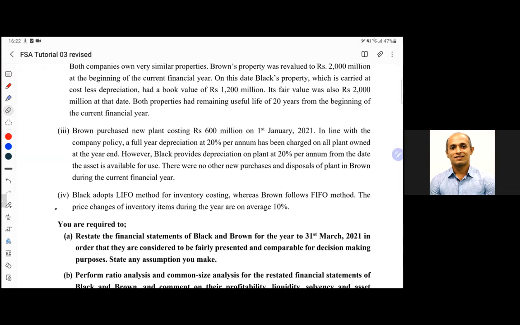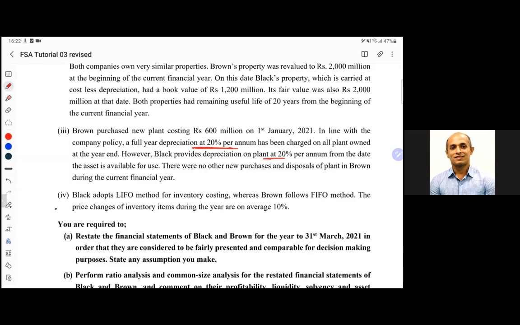Then both companies should have the same depreciation rates, or both companies should have used the same useful life for depreciating assets. Now you see Brown follows a 20% rate. That means a useful life of 5 years.